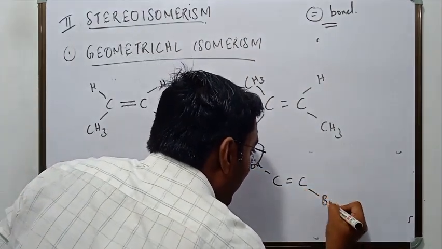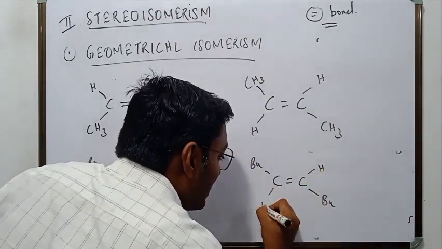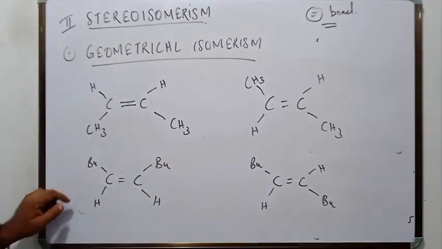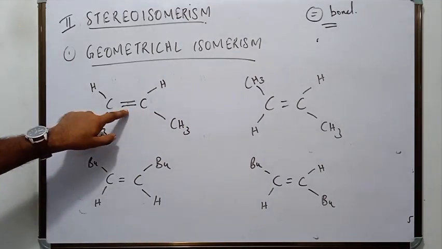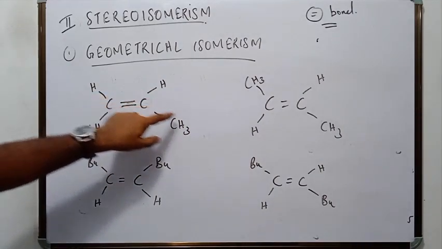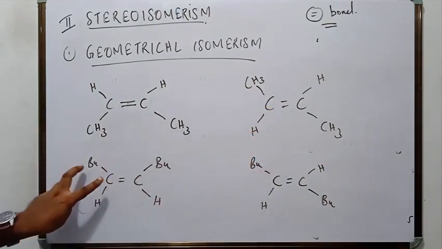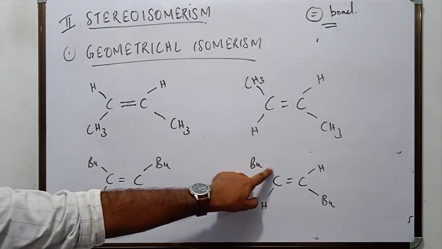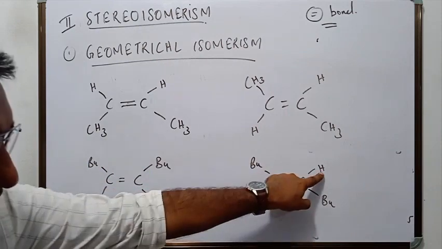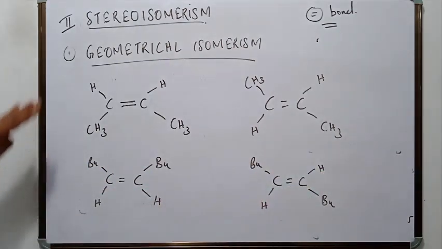And this is trans dibromoethene. This is cis butene, this is trans butene. This is cis dibromoethene, and this is trans dibromoethene. These are examples of geometrical isomers.